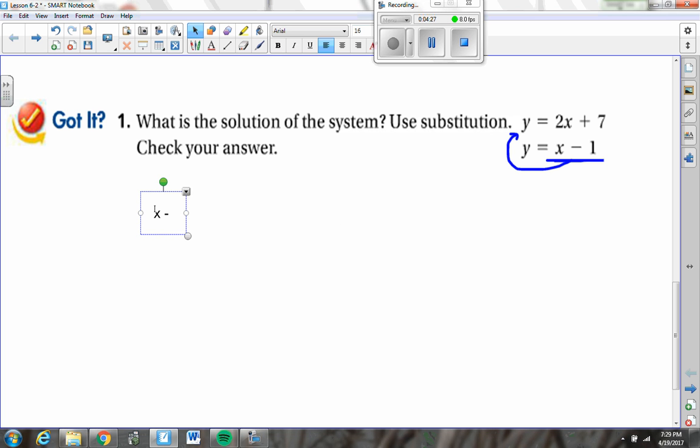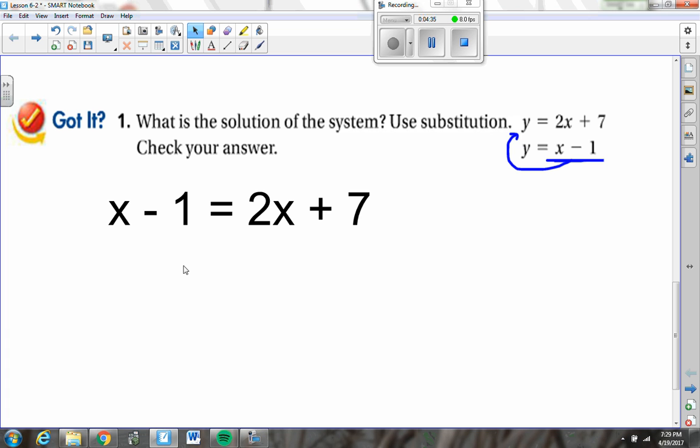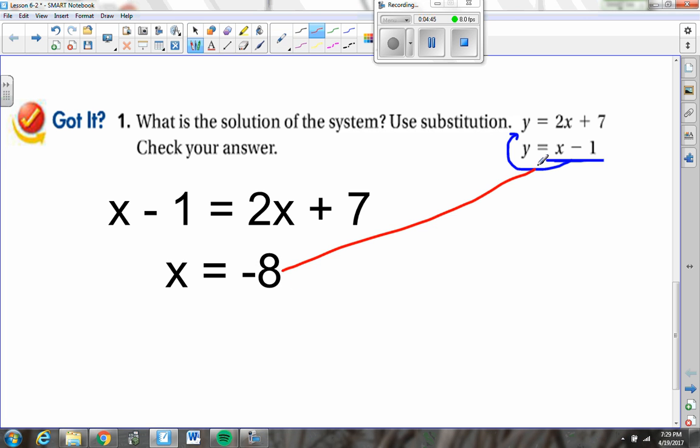When we substitute, we should have this equation, x minus 1 equals 2x plus 7. Solving this equation, we end up with x equals negative 8, which is interesting because that's exactly what we had in the last problem. When x equals negative 8, I plug it right back into there to find my y value.